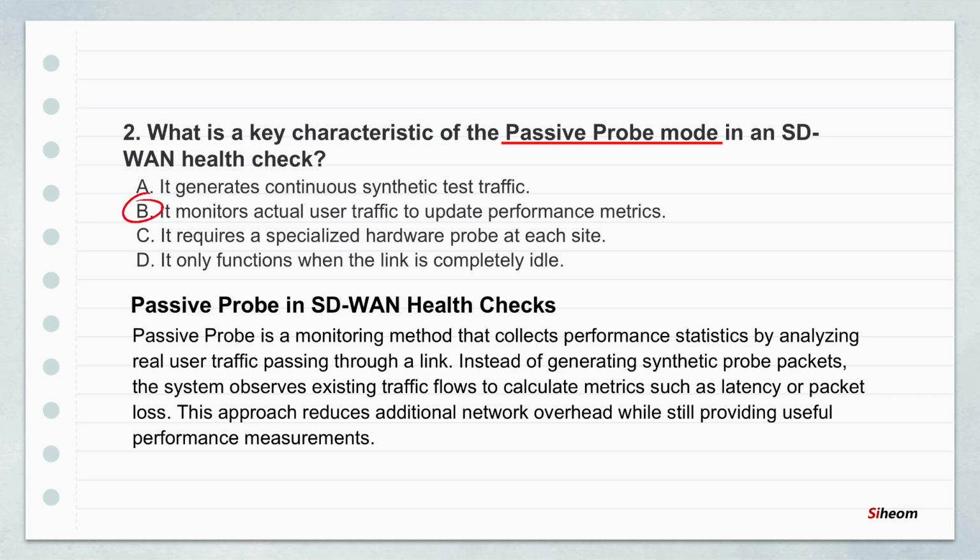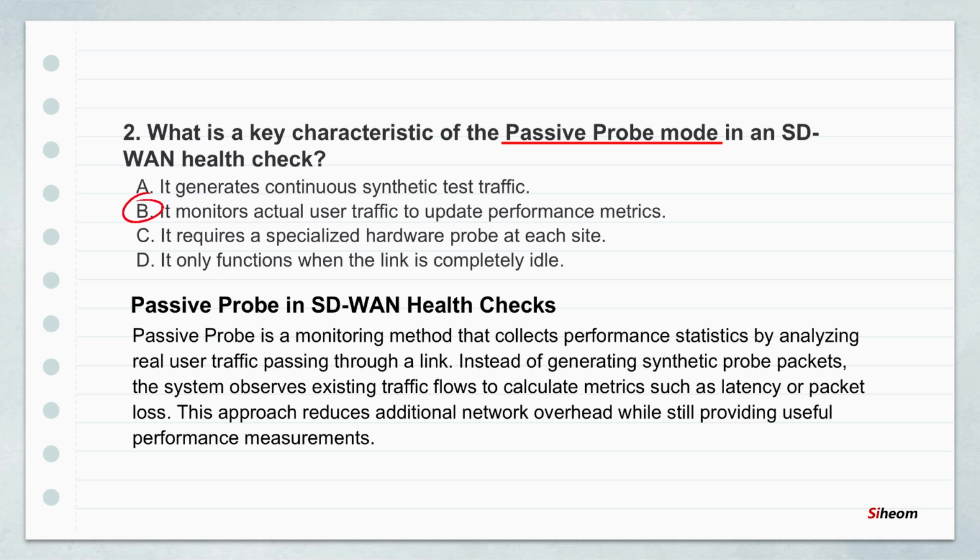What's fascinating here is the massive optimization this provides. Why so? Well, in a traditional active probe setup, the router generates continuous synthetic ICMP pings, or HTTP requests, to a beacon server. Just constantly pinging to see if the lights are on. Exactly. That guarantees a steady stream of telemetry.